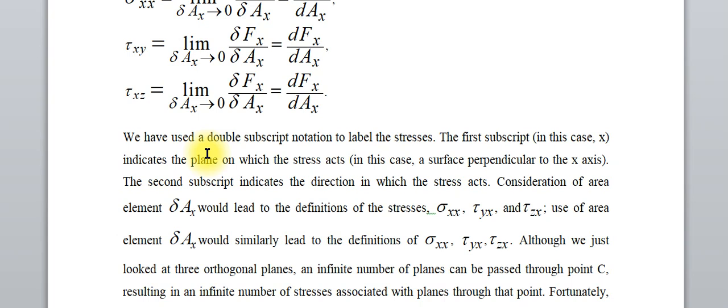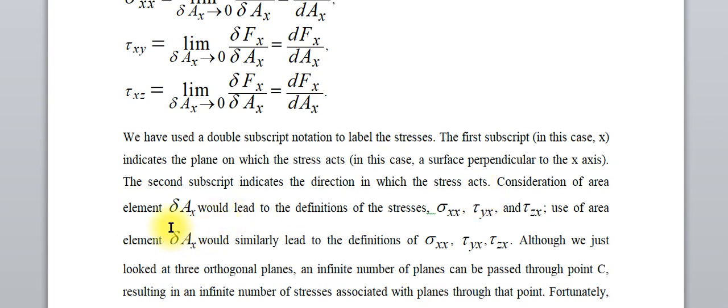So we have used double subscripts to label the stresses. The first subscript, in this case x, indicates the x plane on which the stress acts, in this case the surface perpendicular to the x-axis. The second subscript indicates the direction, like x direction, y direction, and z direction, in which the stress acts.